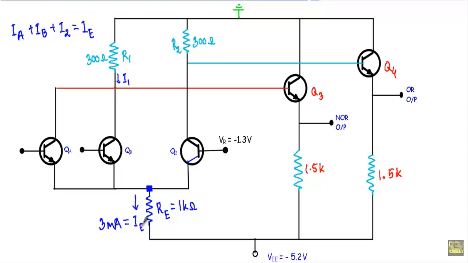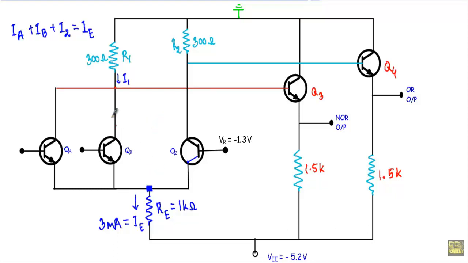Therefore, this IE equal to 3 milliampere will switch its position from the collector terminal of transistor QA to the collector terminal of transistor QB or of transistor Q2, depending upon the logic levels. Therefore, the circuit uses the current switching principle, and so the ECL circuit is sometimes abbreviated as current mode logic, or CML circuit.